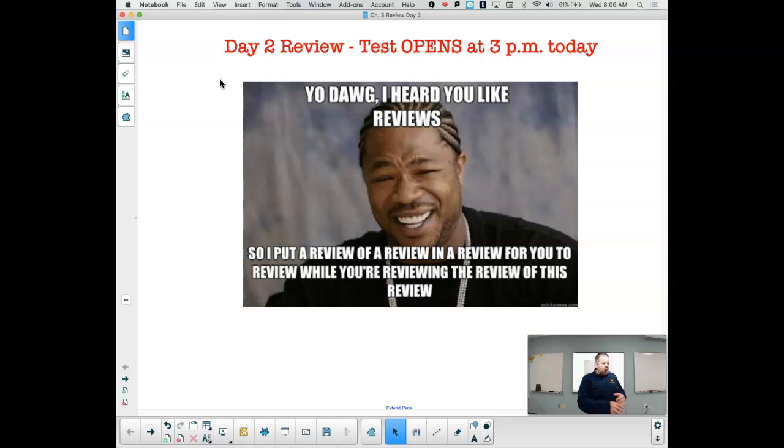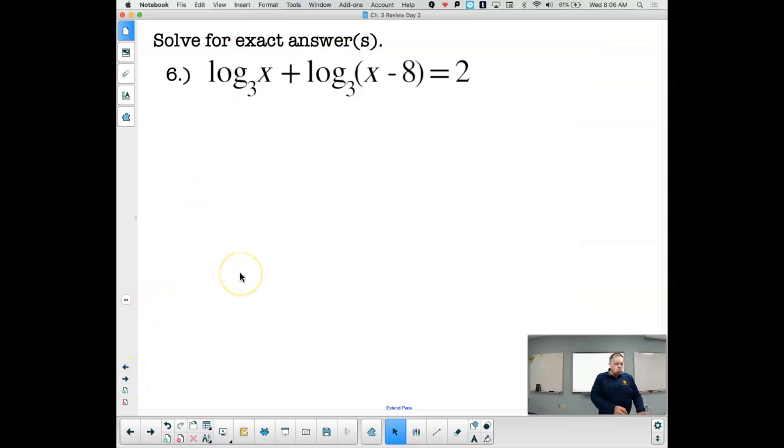All right, so here we go. First example, solve that and give me exact answers, please.